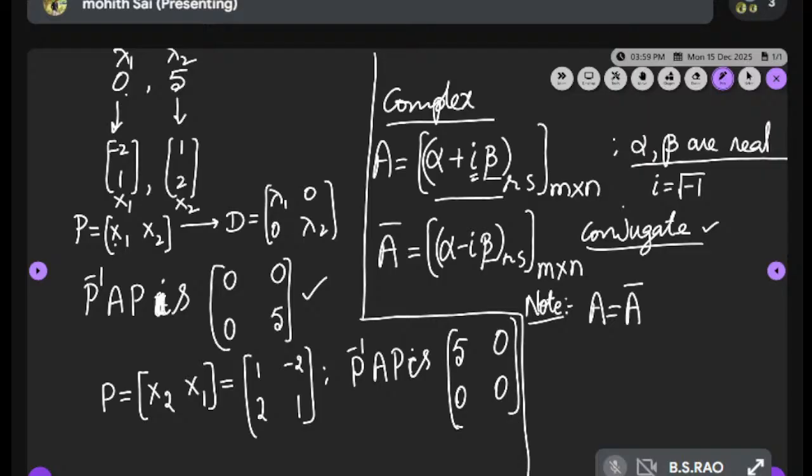If capital A is a real matrix, then A equals A conjugate. Okay, right, next.